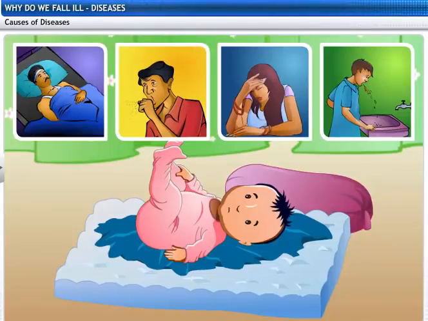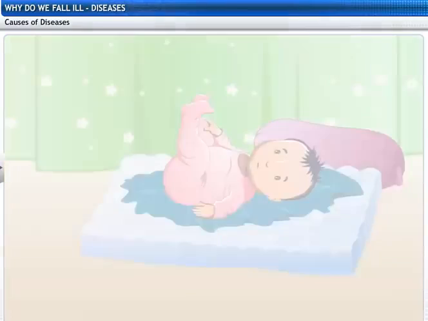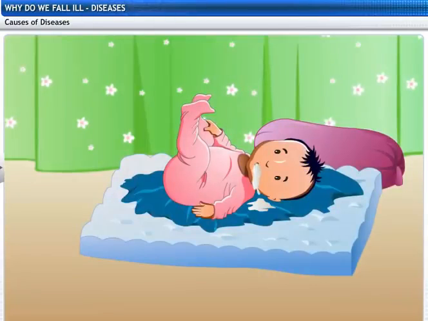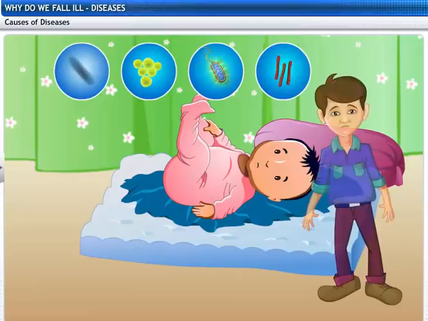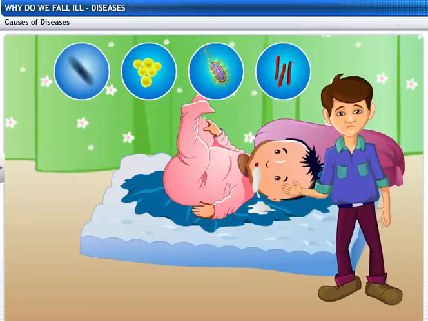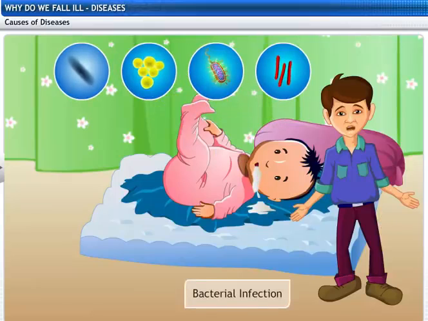Signs or symptoms give a definite indication of the presence of a particular disease. This baby has vomited quite a few times today. What could be the causes of this repeated vomiting? Now let me think. The cause of vomiting could be a bacterial infection.